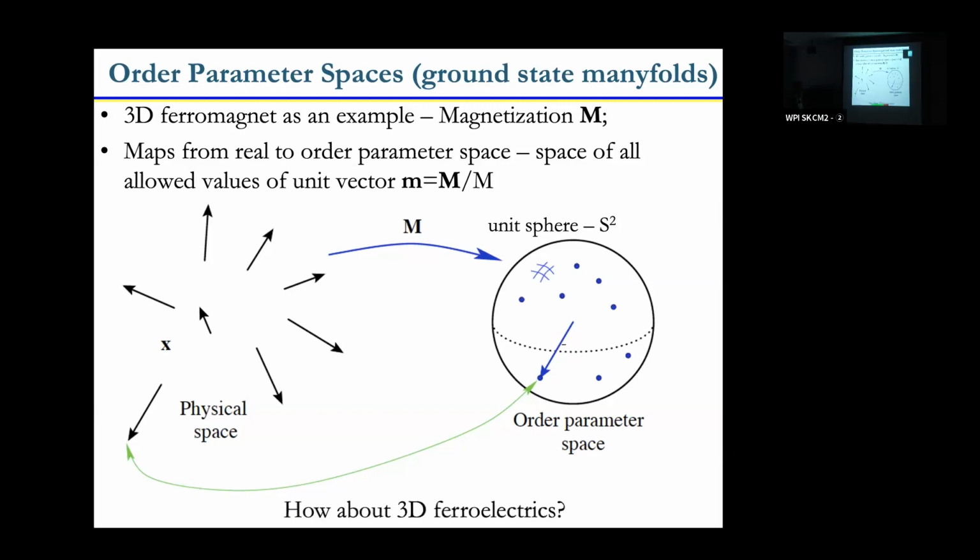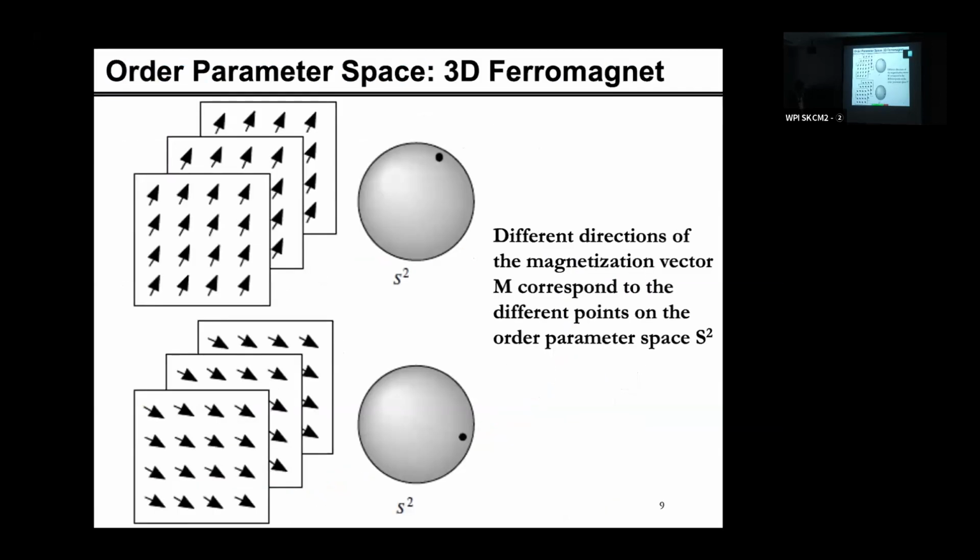But in each case, characterization of these defects will need to involve mappings, right? And as we already saw for many unit vector fields, all unit vector fields, regardless if they are characterizing magnets or ferroelectrics or some other systems, the order parameter spaces will be multidimensional spheres.